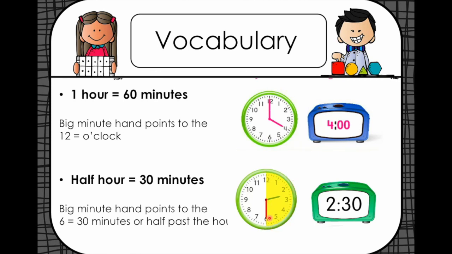It's not going the full 60 minutes. It's going half of that, which would be 30. We call this a half hour. Anytime that you see the 6, we know that it is 30 minutes or half past the hour. So in this case, it would be 2:30 being shown on this clock.